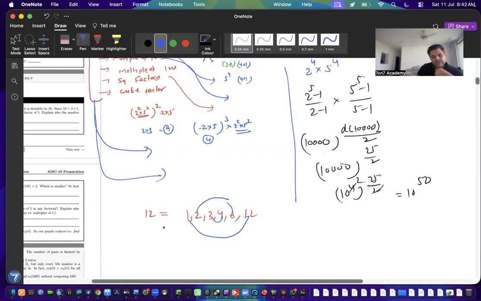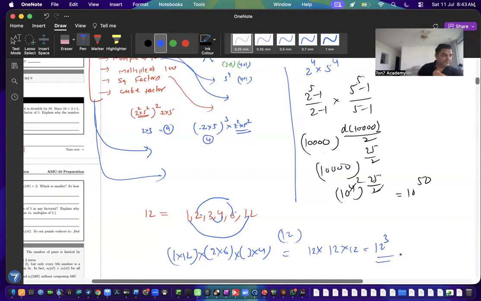So there are half of the number of factors into half. So that is why 12 raised to, if you multiply this into this, you'll get 1 into 12. One pair. If you multiply this into this, 2 into 6, another pair. If you multiply this into this, 3 into 4, another pair. And thus this gets into multiplication. So you'll get 12 into 12 into 12. So 12 raised to 3.